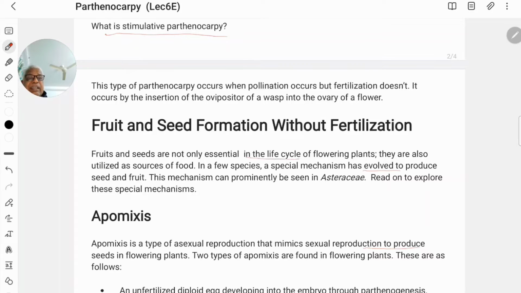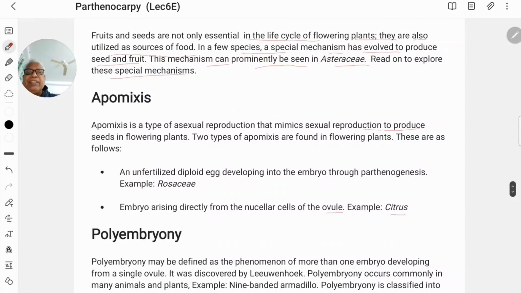Seeds without fertilization also utilize a mechanism involving seed and fruit, prominently in Asteraceae. Apomixis. Apomixis is a type of asexual reproduction that mimics sexual reproduction to produce seeds.